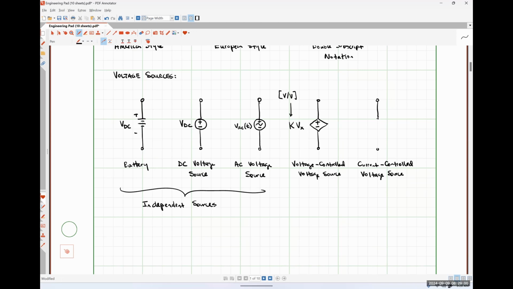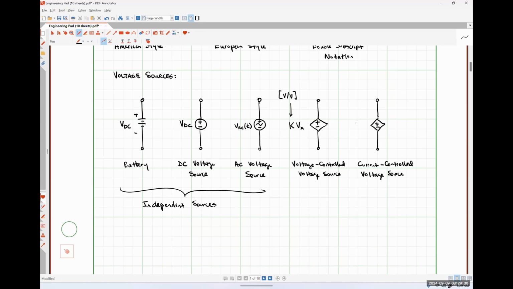And the symbol for this is literally identical to that of the voltage controlled voltage source. It's just a diamond with a positive polarity terminal and a negative polarity terminal. So the way that we're going to be able to tell the difference in a schematic diagram between a voltage controlled voltage source and a current controlled voltage source is by the magnitude.